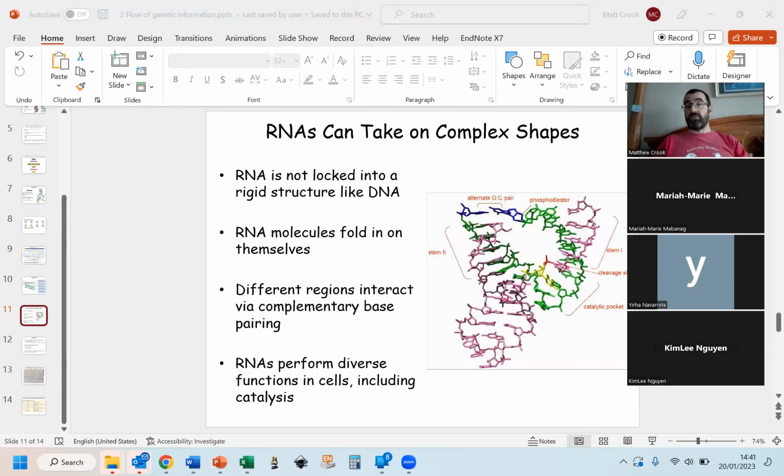Okay. And so, cool, kind of a diversion, a distraction. That's actually the basis of one of the theories of how life originated on Earth. It's called the RNA world hypothesis. Life had to originate somehow.